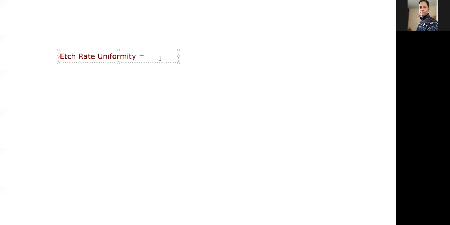In fact, such ICs or such devices may actually be useless. So we want etching to be uniform. And then how do we measure or specify the uniformity of etching?